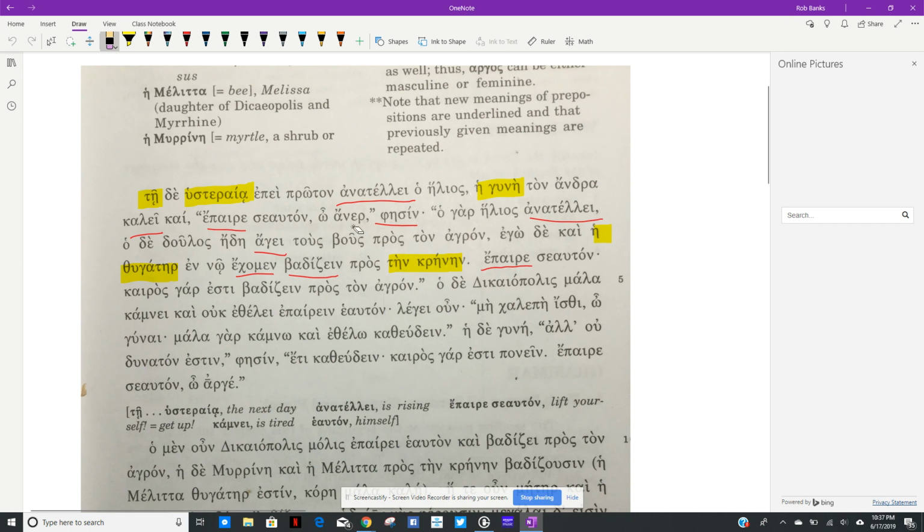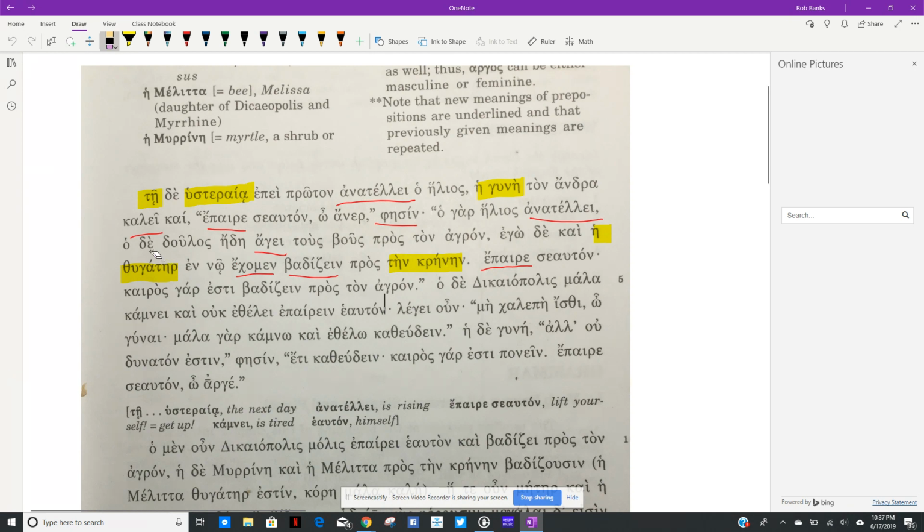So lift yourself, man, her husband, right? Vocative, oh, don't lose that clue. A good clue with a vocative that you're seeing now. She says, gar, remember, post positive, usually we take it first: for or because, ho helios anatele. Just covered that. The sun is rising.